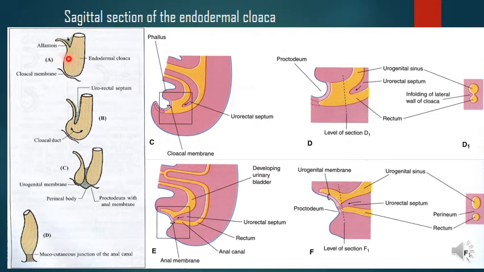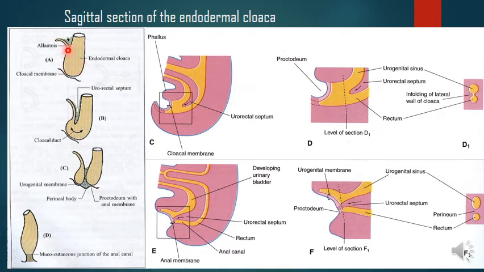The pre-allantoic part is narrow and tubular, whereas the post-allantoic part is dilated to form the endodermal cloaca.